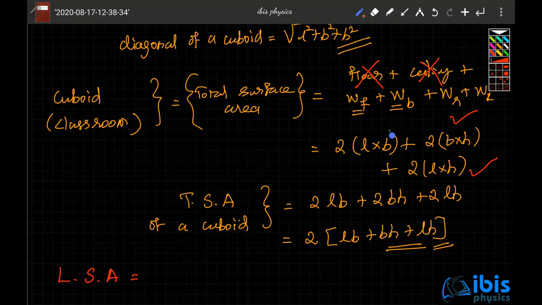So for total surface area, 2 times L into B, B into H, L into H. You leave L into B, you will get lateral surface area.